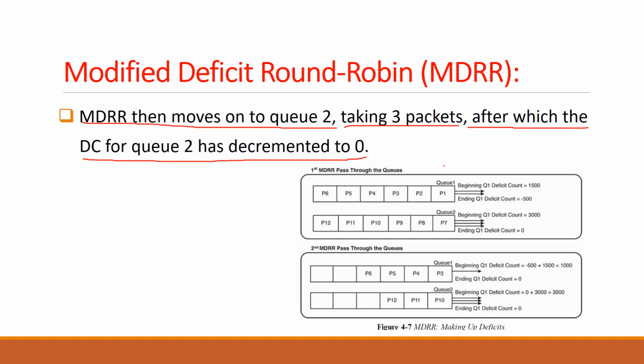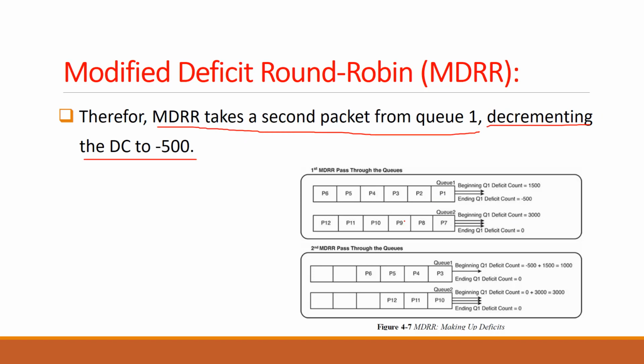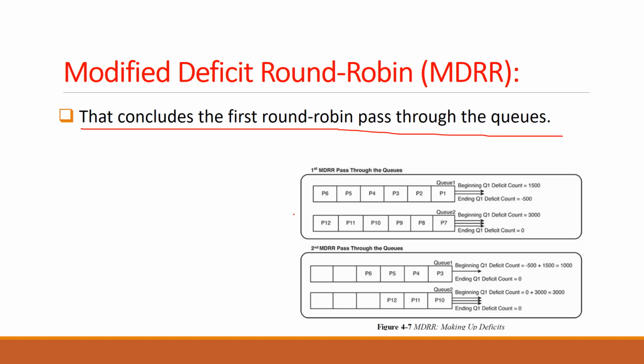As you saw here, it took two packets from Q1 and 3 packets from Q2 because the deficit counter set for Q1 was 1500 and the deficit counter for Q2 was 3000.